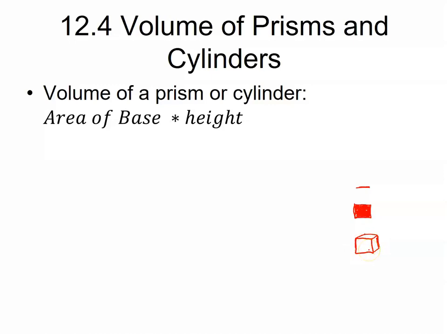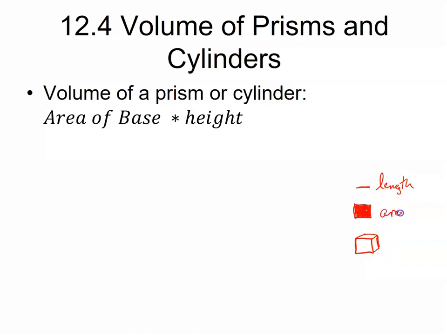Little building blocks. Think Legos, think any sort of building blocks from your youth. Volume is just saying how many of those cubes does it take to create the shape. So with length, we use units.